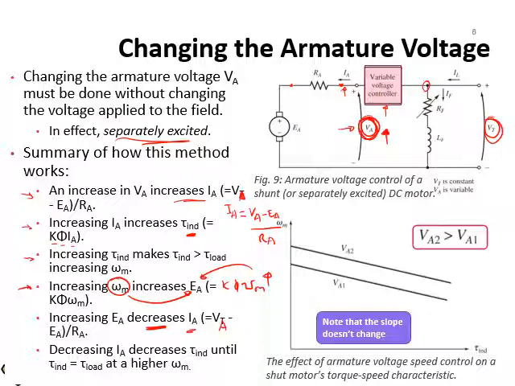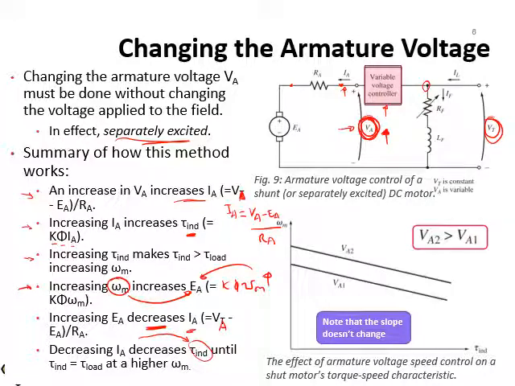Now you've got a decrease in IA. This will cause a decrease also in the induced torque. So when you've got the decrease in the induced torque, it means that the acceleration decreases.